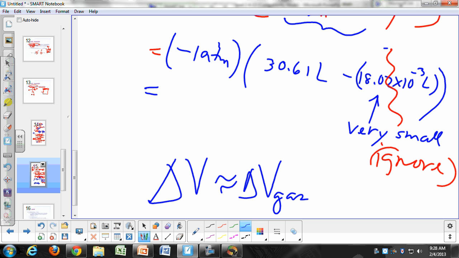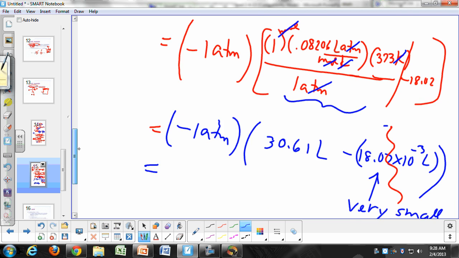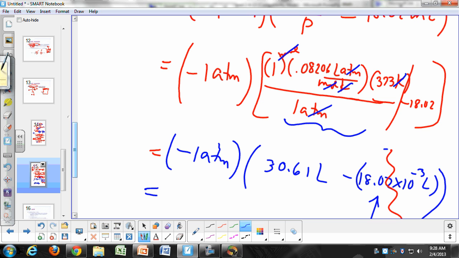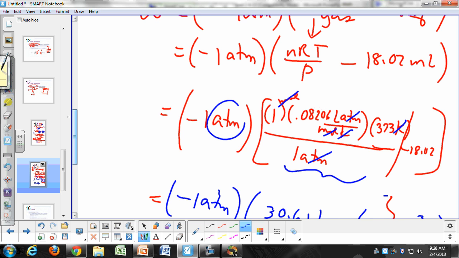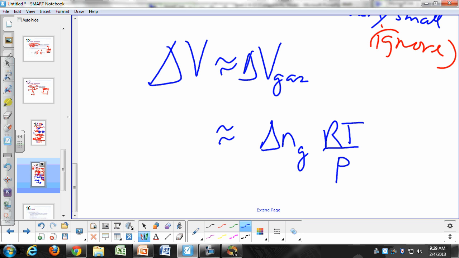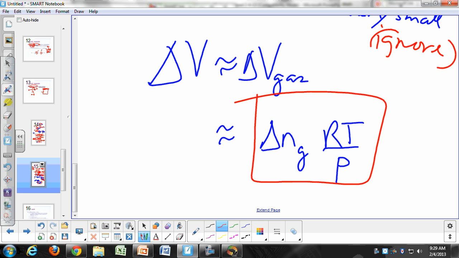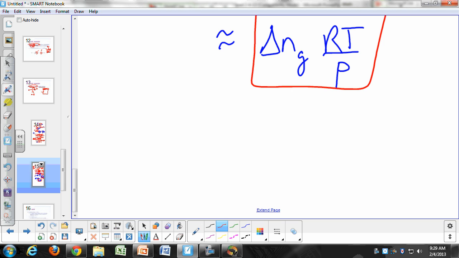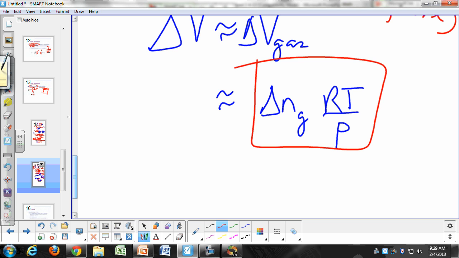So what would this be? This is going to be 30.61 liter atmosphere. And you'll notice the value of your pressure will essentially cancel out here. So you can say that delta V is approximately equal to the change in moles of gas times RT over P. This is a good approximation for delta V anytime there's a change in volume of gas because of a change in moles of gas: delta n gas times RT over P. That's your change in volume.